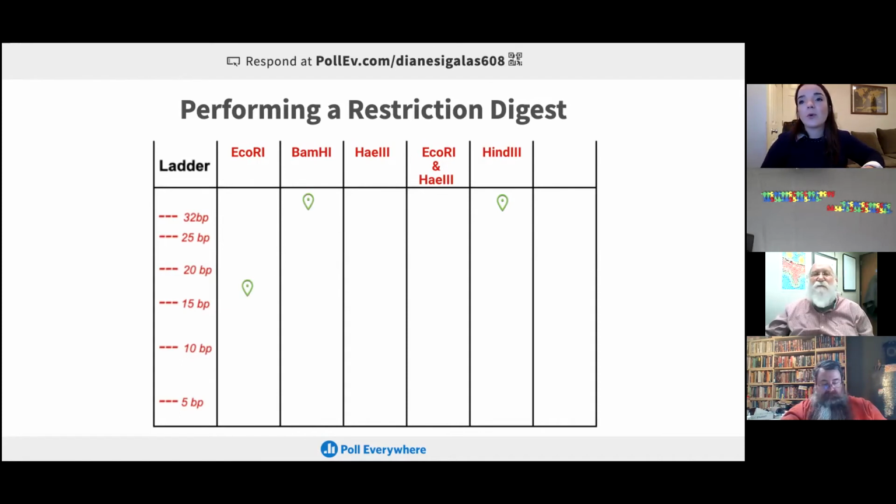So some of you will have 1 band, some of you will have 2, some of you will have 3, all depending upon which restriction enzyme you use to digest your segment. And what I like about this activity is it enables us to take it from not just showing how the cuts are made, but extending that knowledge to predicting what the gel is going to look like.